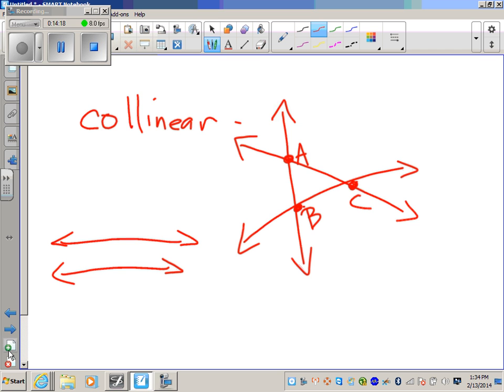Now I can't really compare. Now I could compare this one to this one. It would be parallel. But this one to like this one in the back, they have nothing to do with each other. They're not even in the same plane. If I adjust this one, this same line could be also lying in this plane, depending on how it was flipped. But if it's way in the back, trying to compare it to one that's in the front, they don't have anything to do with each other.